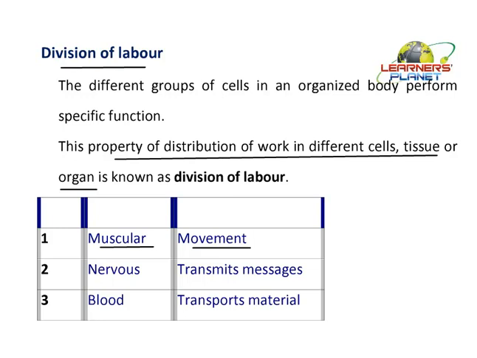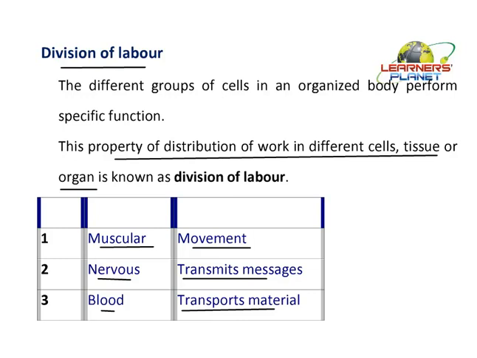This contracting and relaxing is a movement of the tissues, and that movement is provided by the muscular tissue. Then comes the nervous tissue. It transmits messages. Blood is meant for transporting material from one part of the body to another. Besides, at a single cell level, we can also observe similar division of labor. So what is that? You can compare it.